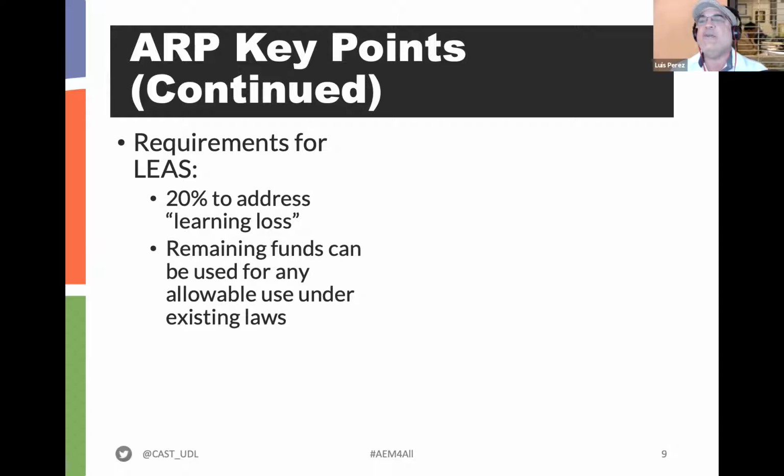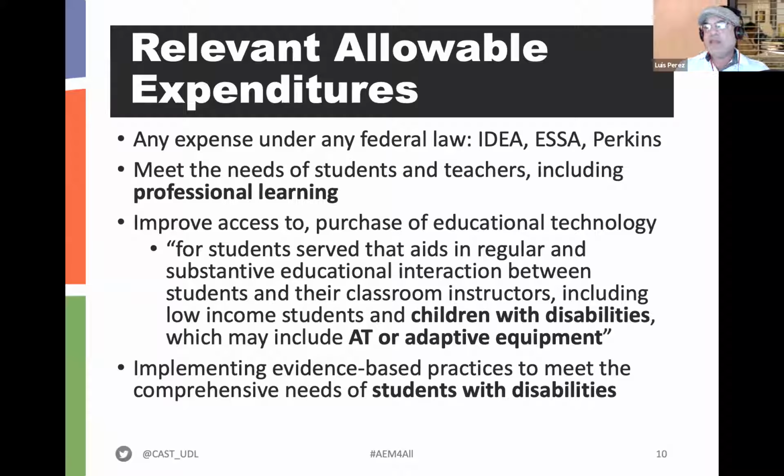And then the remaining funds can be used for any allowable expense or any allowable use under existing laws. Let me give you some examples. That could be expenses allowed under IDEA, under ESSA, and for career and technical education under Perkins.